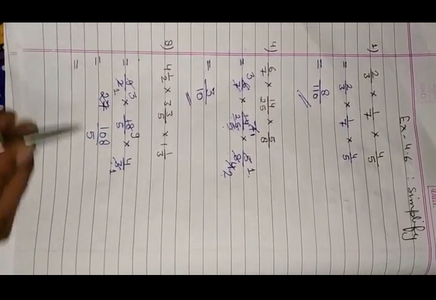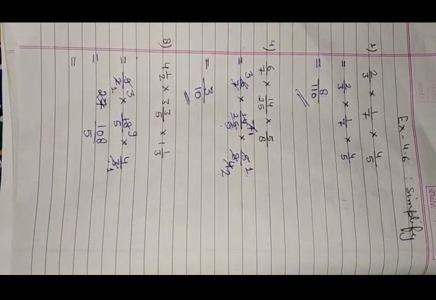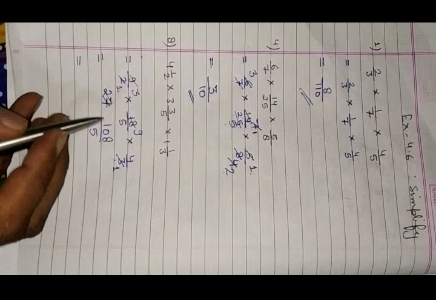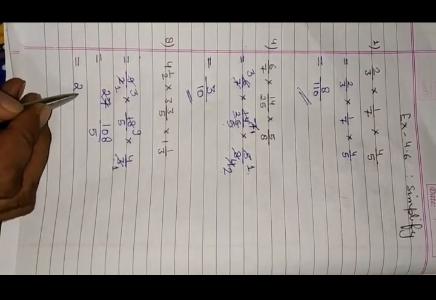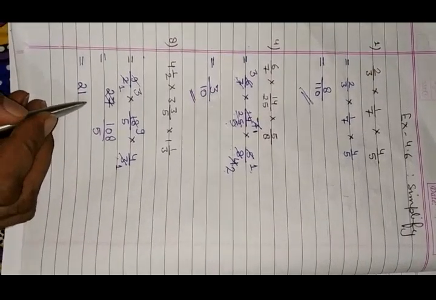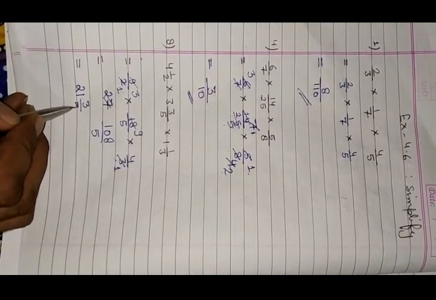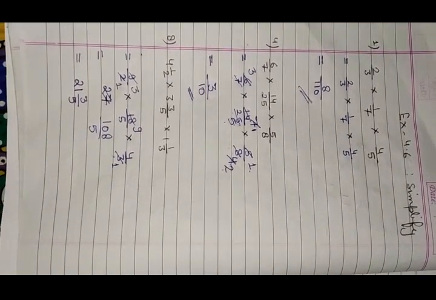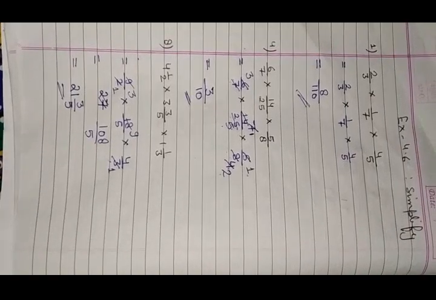Now this is an improper fraction. Now convert this improper fraction into a mixed fraction. 5 twos are 10, 5 ones are 5. 3 upon 5. Okay. This is the answer for question number 8.